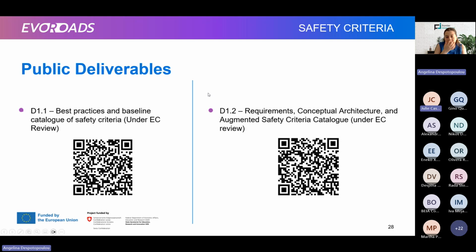It's the last slide of the safety criteria, so I'm leaving it there just for a second if somebody wants to scan the document. This is where our two documents are. The first is the big criteria catalog for somebody who would like to use it. The next is whatever you saw today, the requirements, the pilot approaches, what we did with the safe labs.